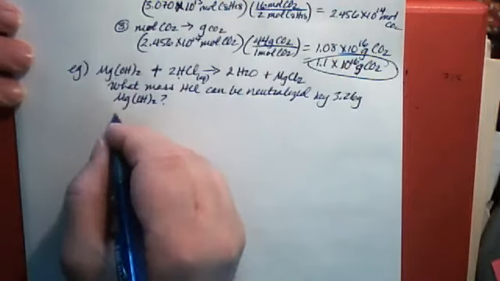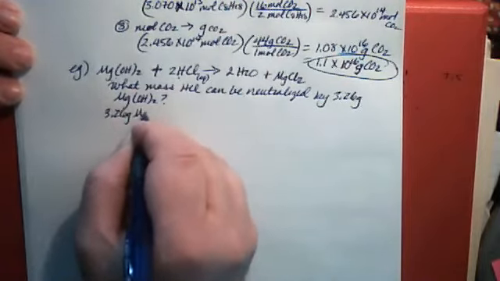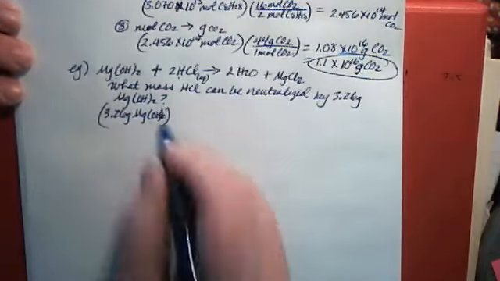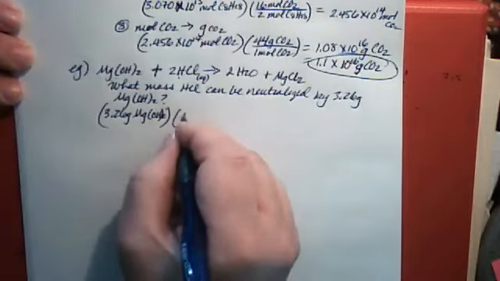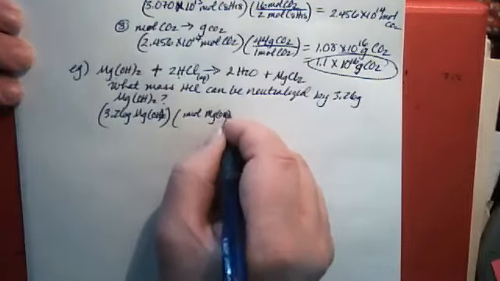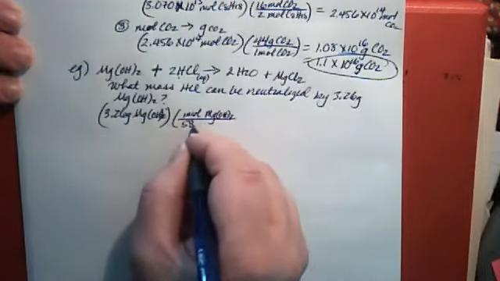So if we have 3.26 grams of MgOH2, and there's 1 mole of MgOH2 for every 58.3 grams.